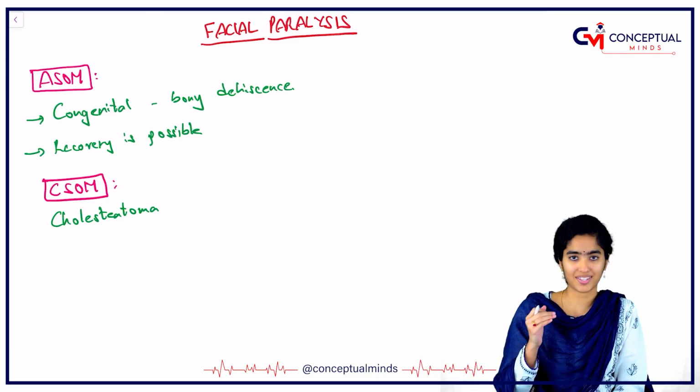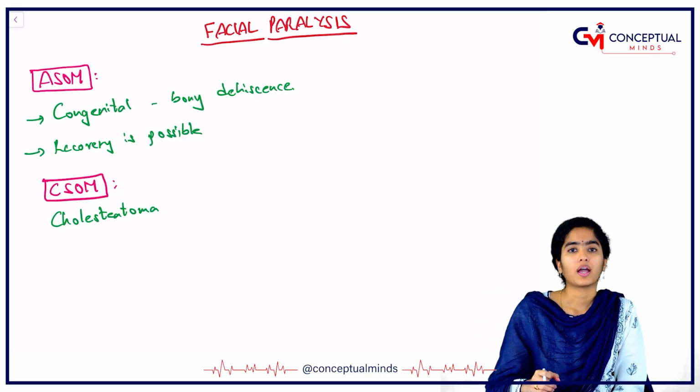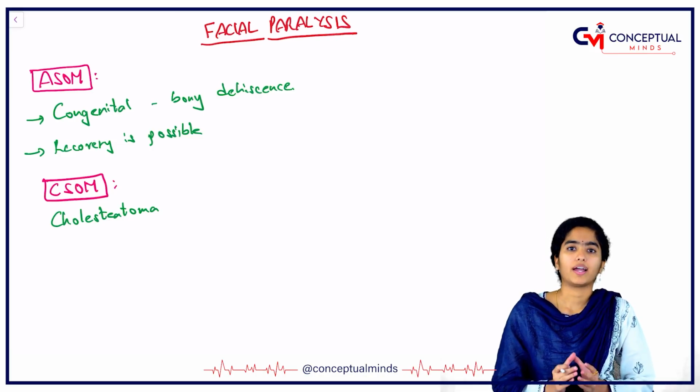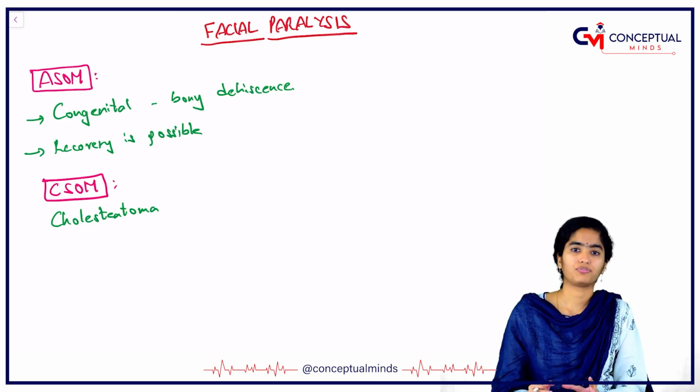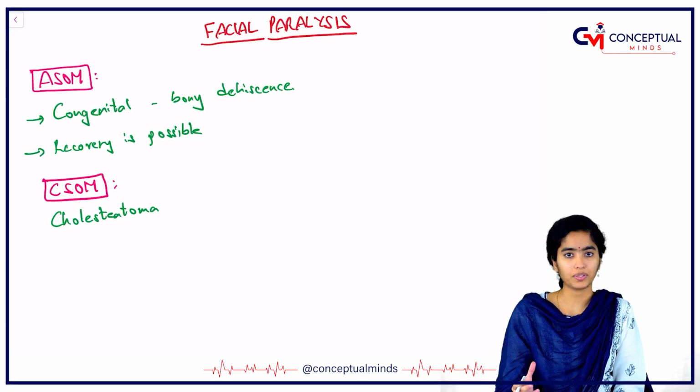It will first destroy the bone and then it will exert pressure on the nerve, and there is edema, there is all that inflammatory exudate, and enzymes are also present. All this will further damage the nerve. It's a very gradual process, it's not something acute.